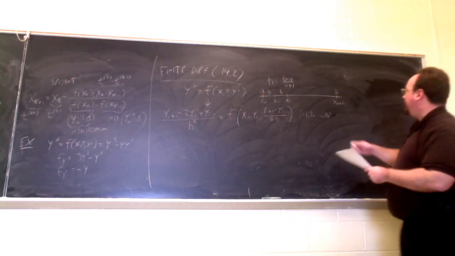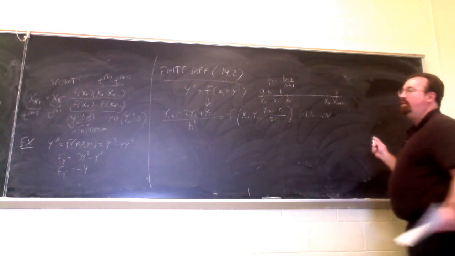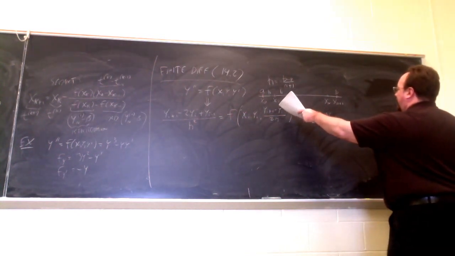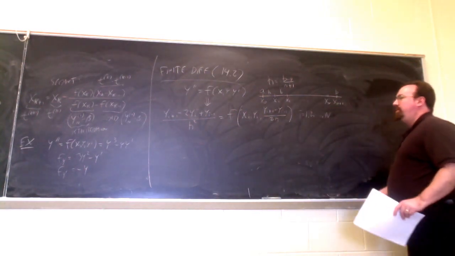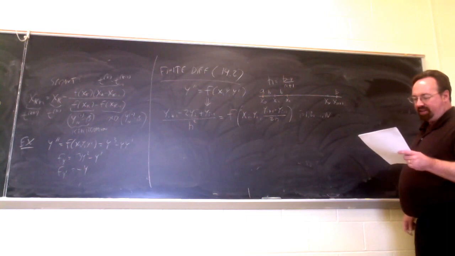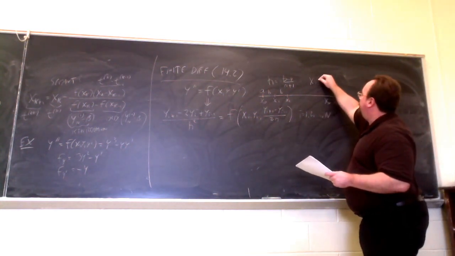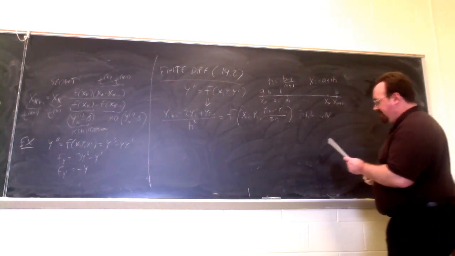So that way we have n unknowns, because the values of the solution at a and b are known. They come from the boundary conditions. So it's these n values, x1, x2, up to xn, at which we want to compute the solution. And each x value is going to be a plus i times h.